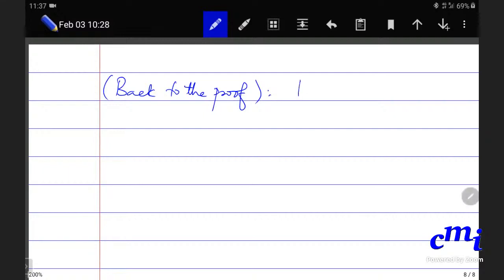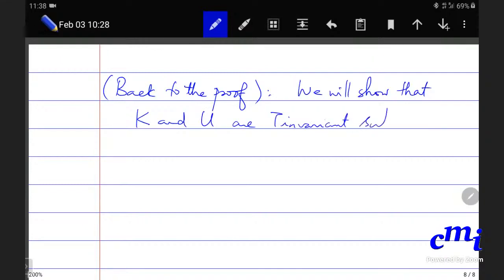We will show that K and U are T invariant subspaces. They're of course subspaces.